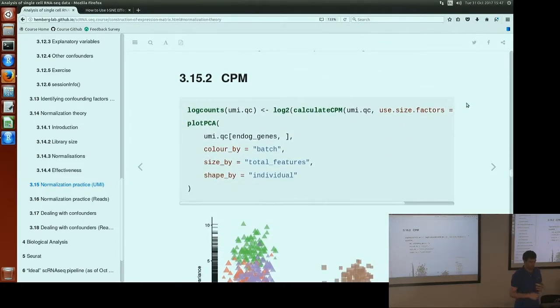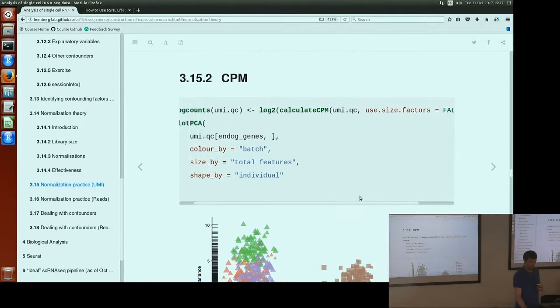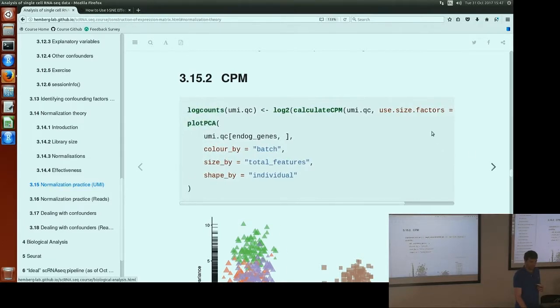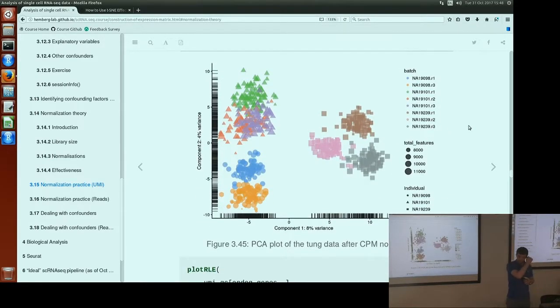If instead we add log counts to our data set as log2 CPMs, so we've used that calculateCPM function and add an offset of 1, then we can see that accounting for library size is already bringing out more structure in the data.